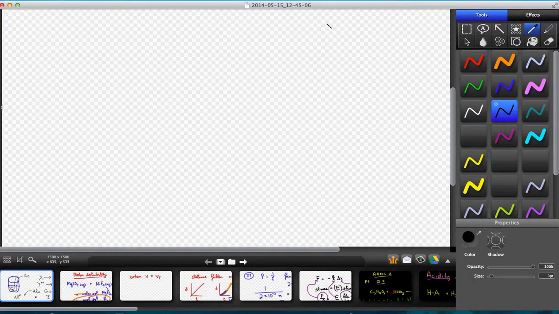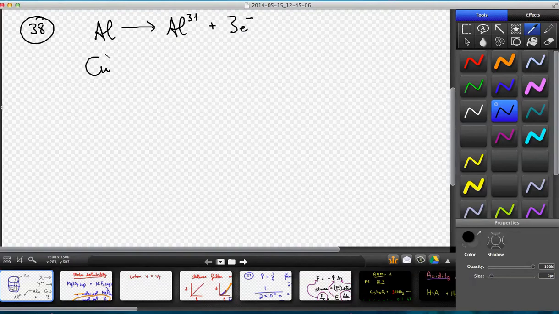Number 38. All right. So we're asked to make an assumption. Now we already know that aluminum has to be oxidized to Al 3+, and I'm just going to balance it with electrons. And we know that copper 2+ can be reduced to copper, and that takes 2 electrons.